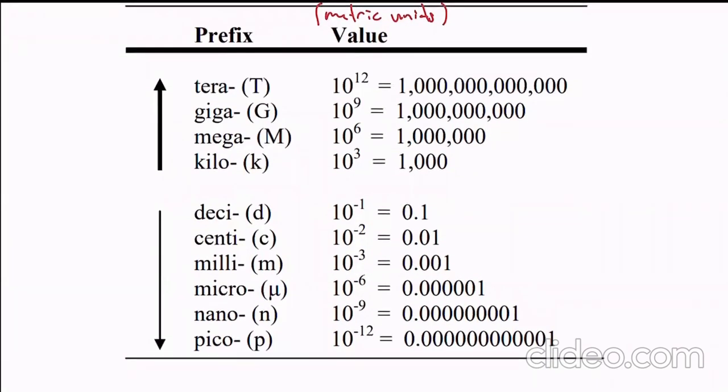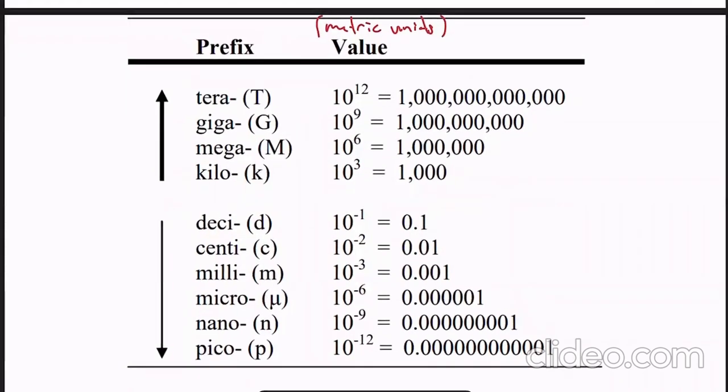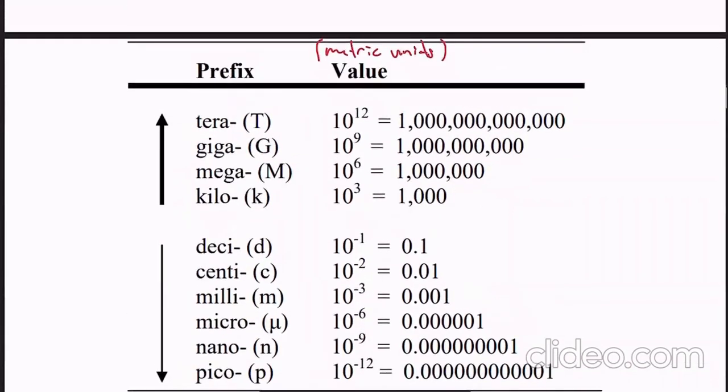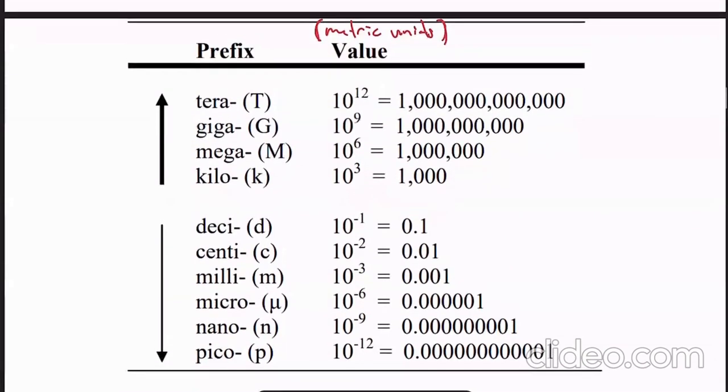So here, in order to use this, where it says value, I put metric units up here, right? I'll show you how to use this a little bit better because it's a little vague on how this works. We'll use a centimeter.